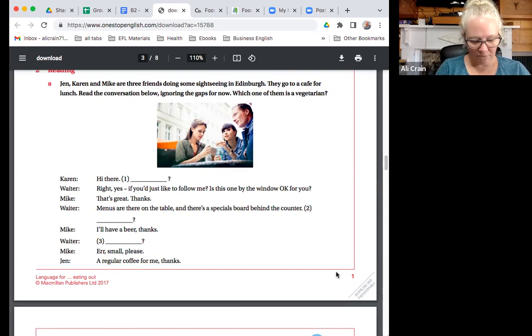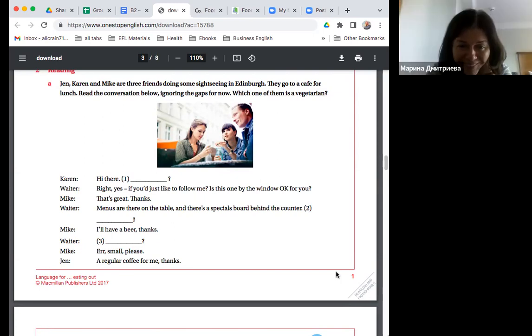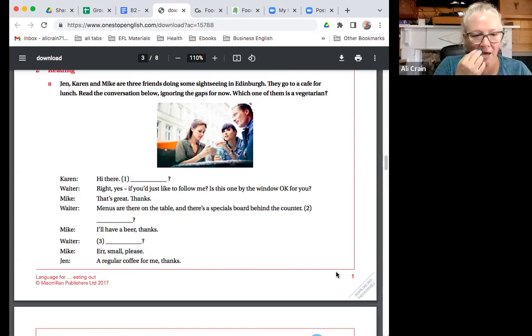Matter of fact, I know I took a picture of these answers, or at least I thought I took a picture of these answers the other day. Oh, it's about Edinburgh. I think there would be something about a table here, but I just realized if I did take a picture, it's not showing up on my screen. So give me just a second. Let me scroll down to get to where the answers are.